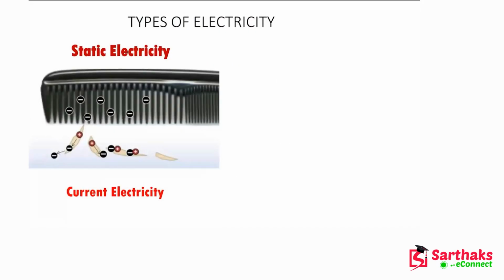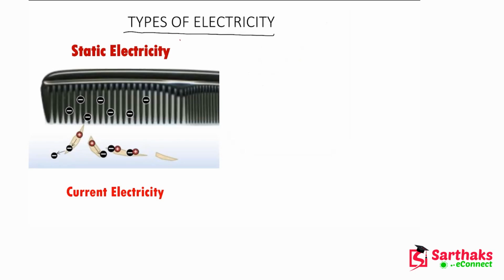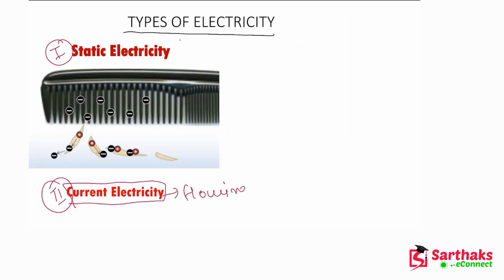So here we will understand the types of electricity. Let me change the pen here. There are two types of electricity. The first one is static electricity and the second one is current electricity. The electricity which we are discussing here is current electricity because the charges are flowing here.